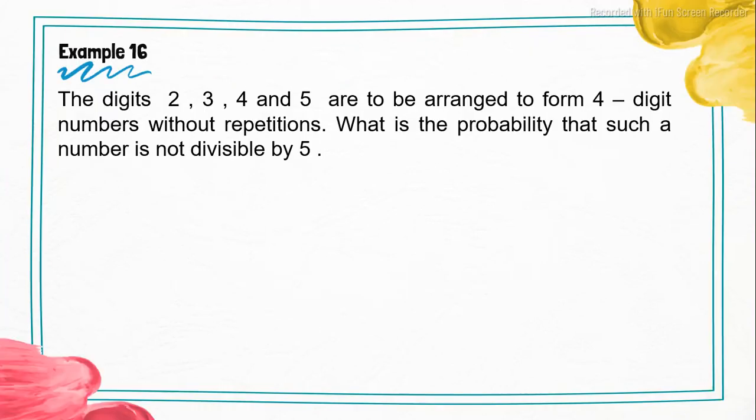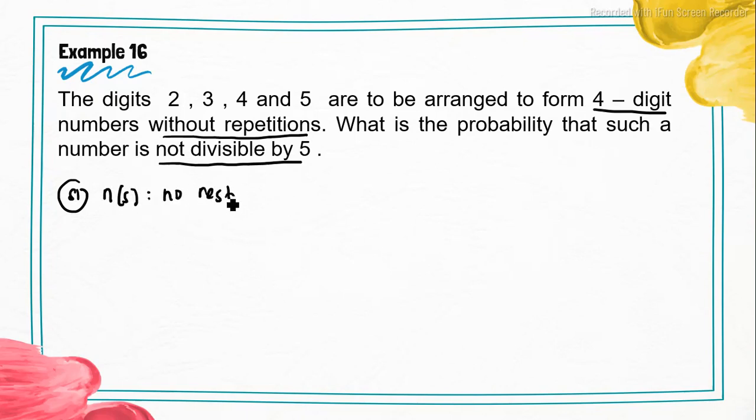Okay, example 16. The digits 2, 3, 4 and 5 are to be arranged to form 4-digit numbers without repetitions. What is the probability that such a number is not divisible by 5? So, first step, kita cari number of sample space kita without restriction.